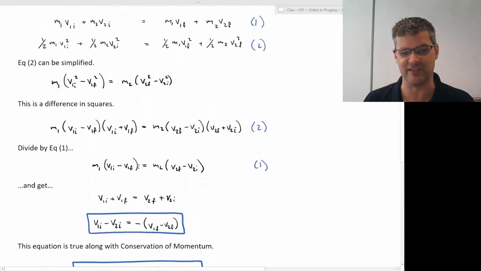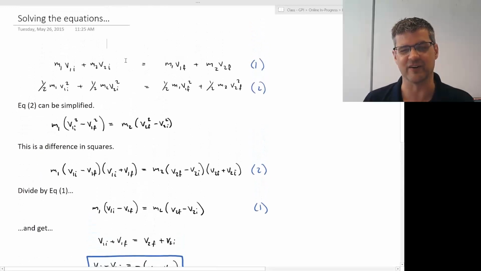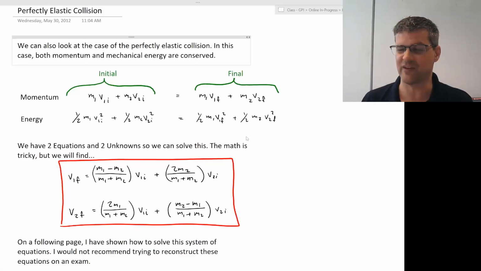But you can already see this is a fair amount of work and a little bit of art putting it together. Once again, you do not want to derive this on exam day. You want to be able to use it. So once again, while you're here, write these two equations on your sheet that you're going to be using.